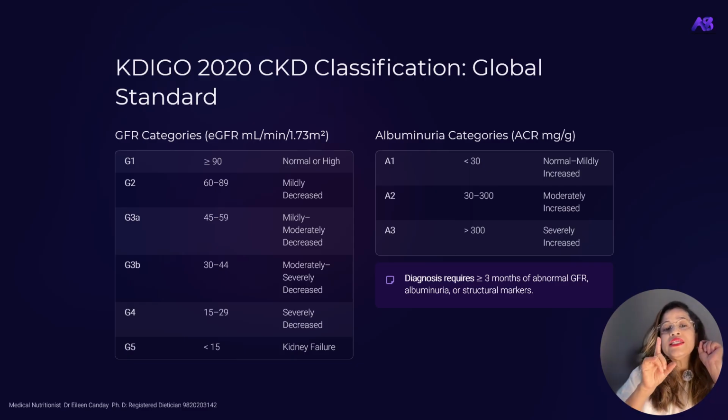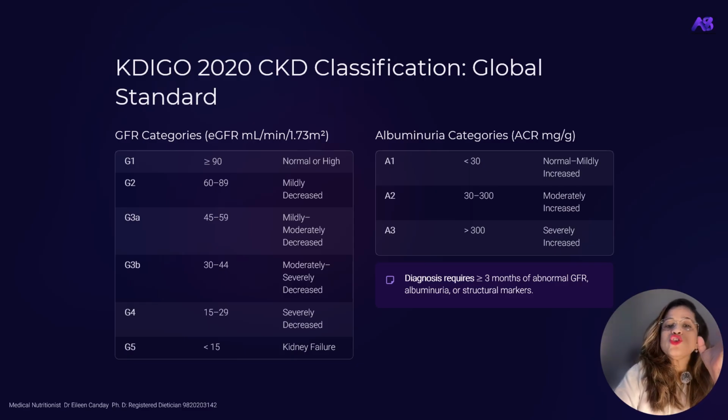And lastly A3 is severely increased, over 300 mg per gram, and this is associated with higher risk. The key diagnostic requirement is that a CKD diagnosis requires at least 3 months of abnormal findings of GFR, albuminuria, and in some cases, structural kidney markers.